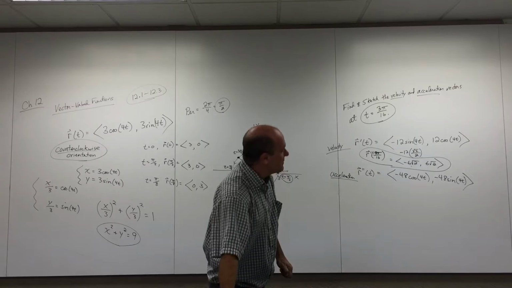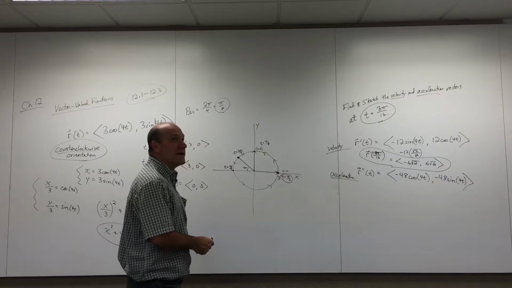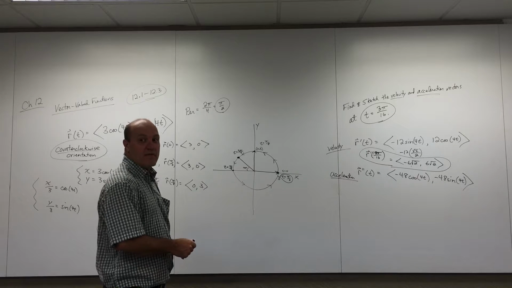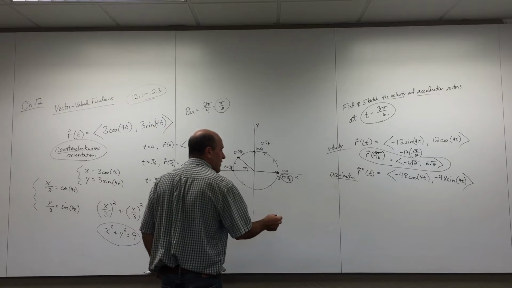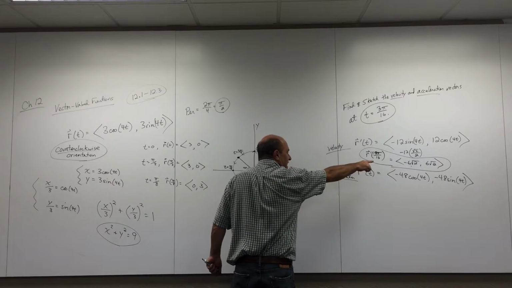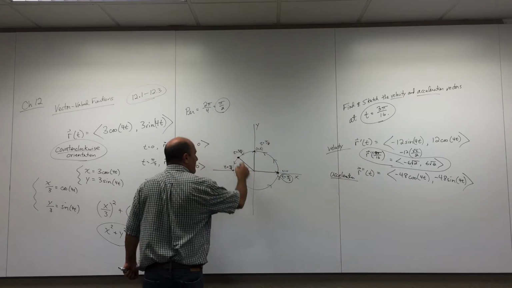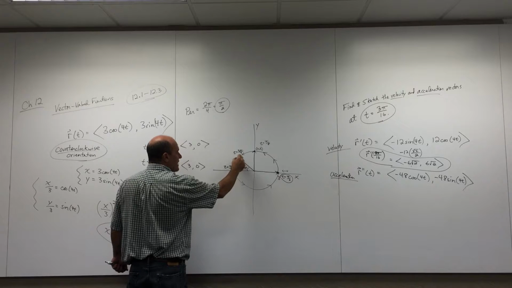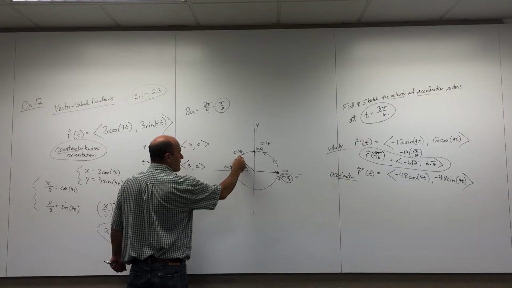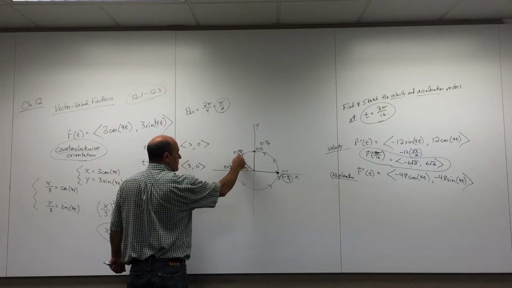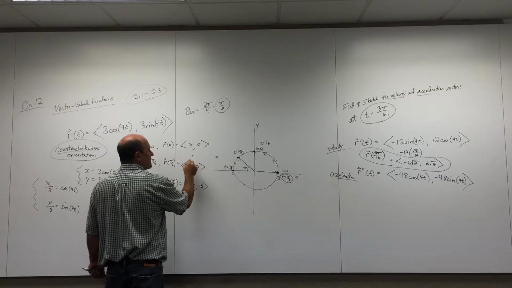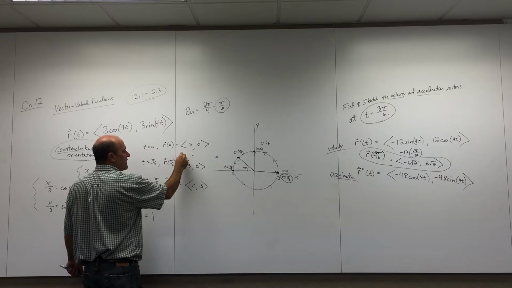Somebody decimalize those numbers. What is 6 square root of 2? 8.485. Okay, 8.5 roughly. So here I go. Negative 8.5, positive 8.5. I'm going to draw that from here. Keep in mind that's a 3. Negative 8.5. There's 3, 6, 8.5. Negative 8.